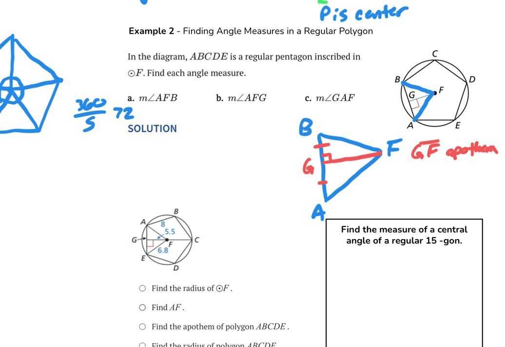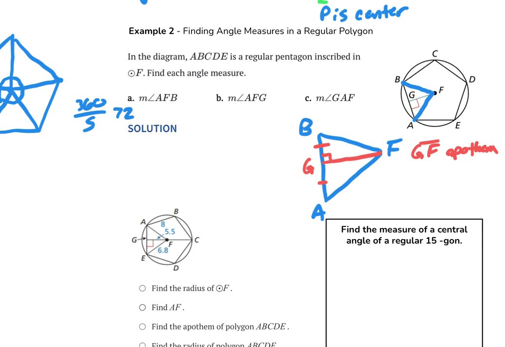Now, we talked about something like this early on in the year. If this is the perpendicular bisector, then what do you think would be true about these 2 angles right here? What happens to angle F? Anybody think they have an idea what would happen to angle F here? What do you think, Ryan? Cut in half, yeah.